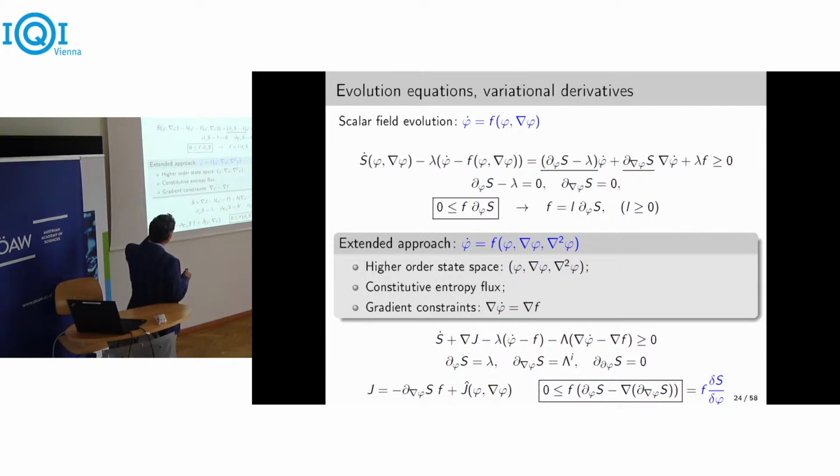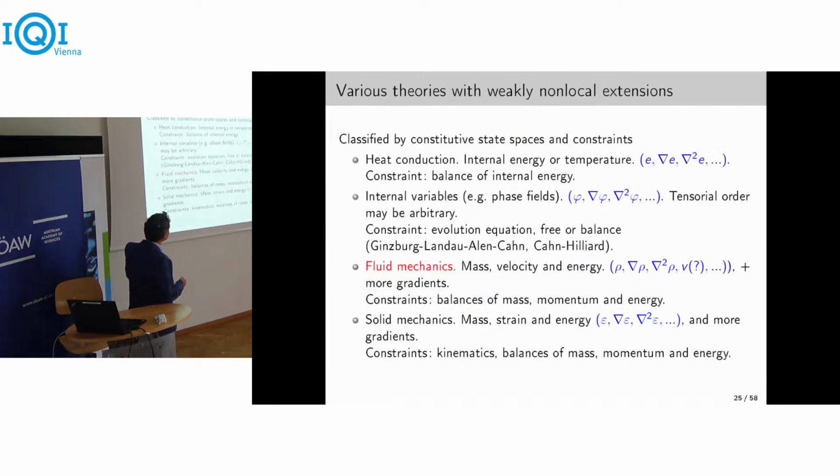Okay, anyway, I wanted to demonstrate that thermodynamics and the second law can be directly applied to deduce some very non-trivial restrictions on the evolution. And there are a lot of weakly non-local extensions in classical physics. I just mentioned some of them. Let us focus on fluid mechanics.